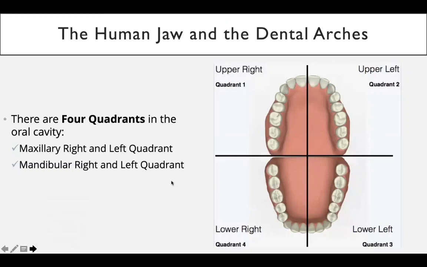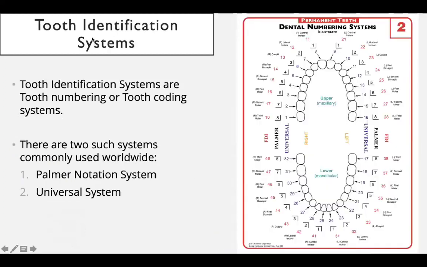nothing out of the ordinary. So now we have a tooth identification system where we name the teeth or give a number to teeth so that we can recognize them in our clinical practice. Tooth identification systems are tooth numbering or tooth coding systems. There are two such systems commonly used worldwide.